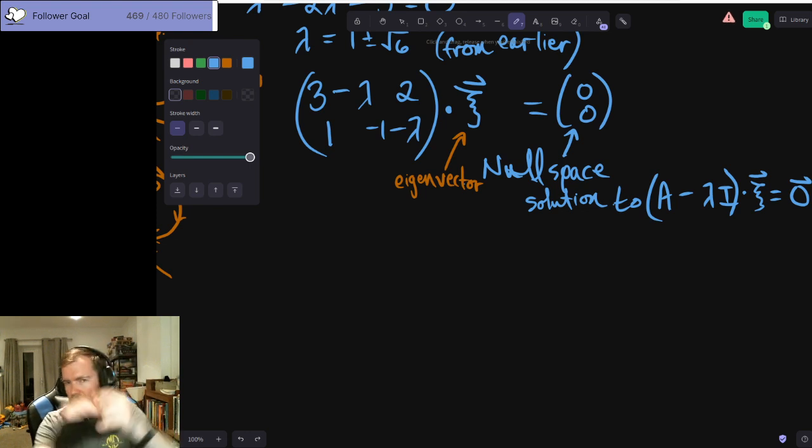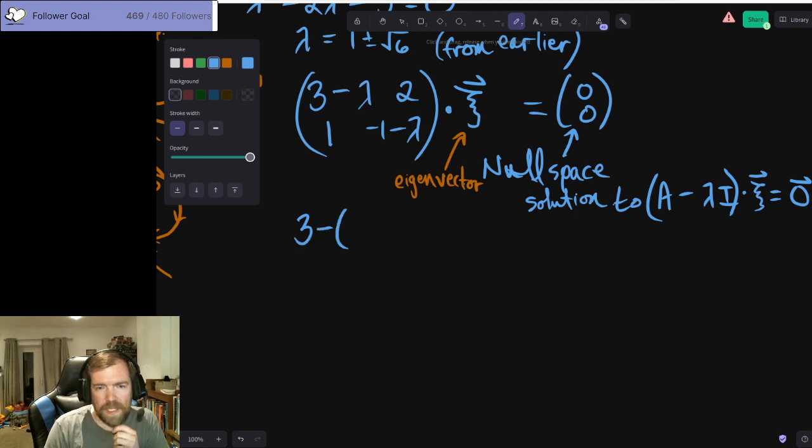Well, we can multiply all this stuff back out, but quite frankly, that's going to be kind of gross. So most of the time, what we're going to be doing here is to solve by plugging in each of our lambda eigenvalues one at a time.